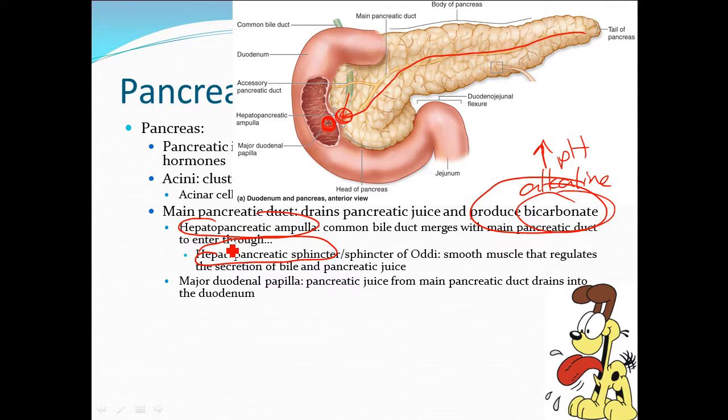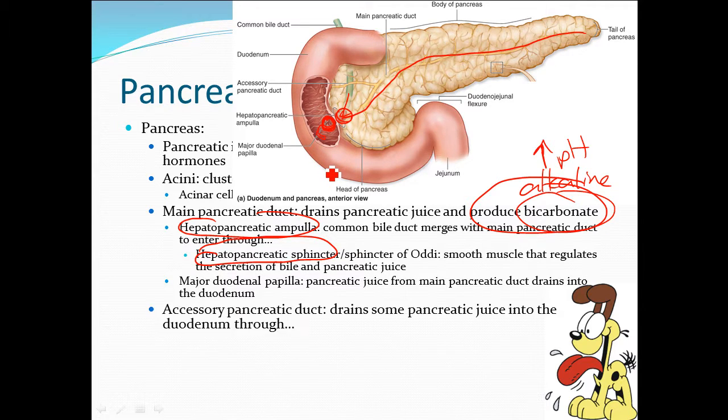The sphincter is called the hepatopancreatic sphincter, also called the sphincter of Oddi. And this is made of smooth muscle to help regulate the amount of pancreatic juices and also the bile that is coming through it. Okay. And then it goes through that major duodenal papilla into the duodenum.